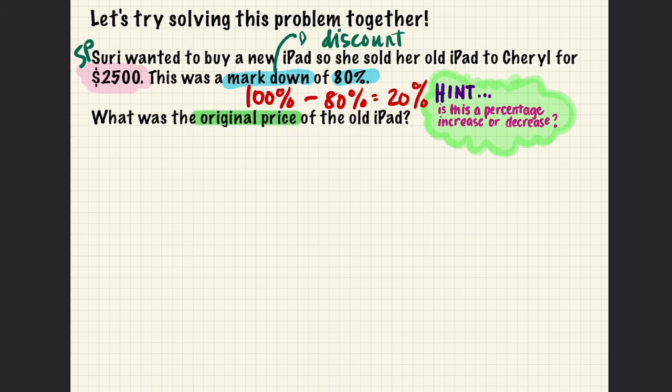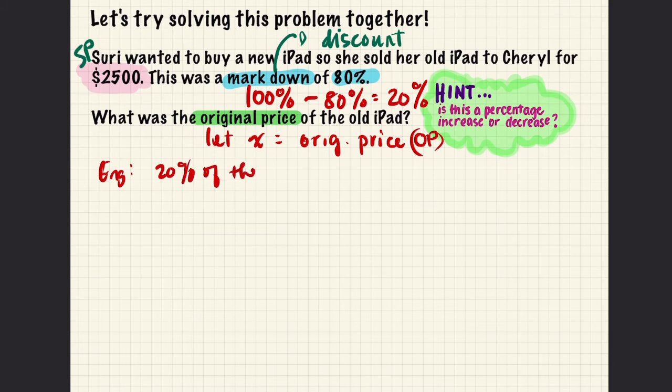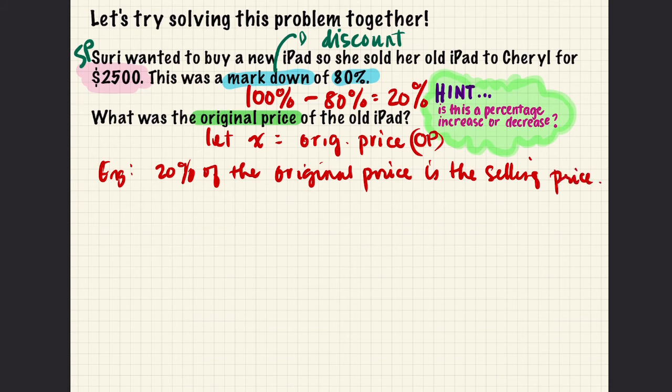Okay, so again, let X equal original price, or OP. Okay, so in English, that means 20% of the original price is the selling price. Okay, it's good practice to translate between Mathglish and English.